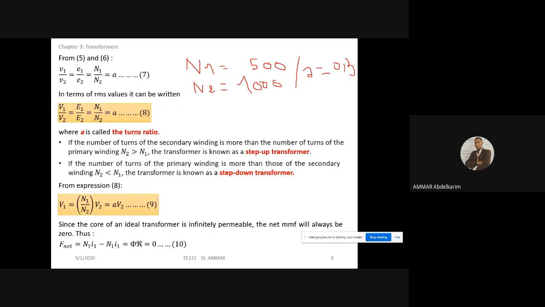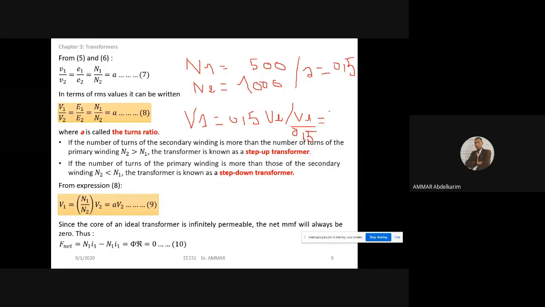According to this expression, V1 equals 0.5 V2, or V2 equals V1 over 0.5.